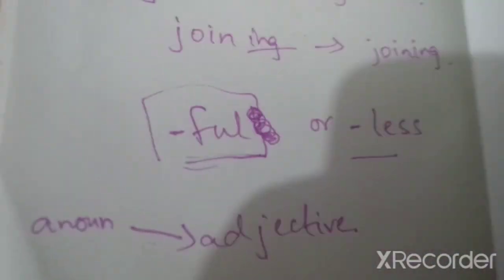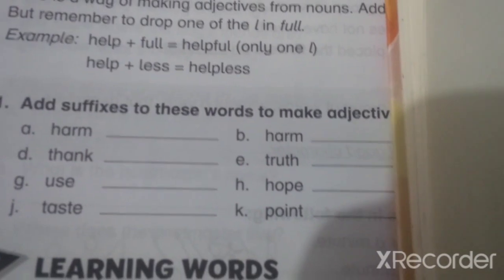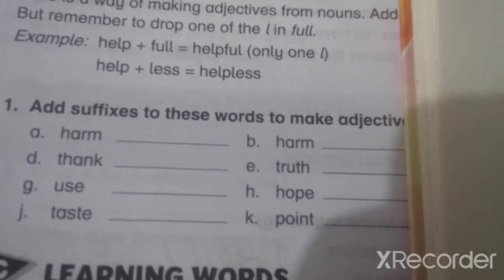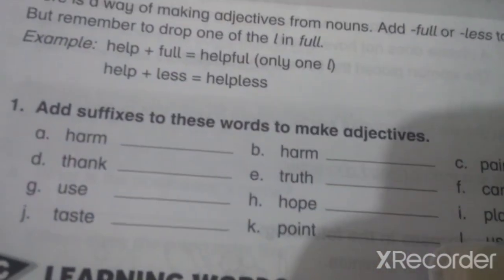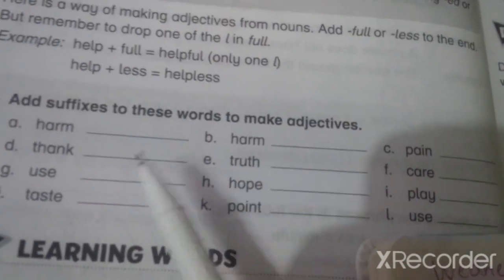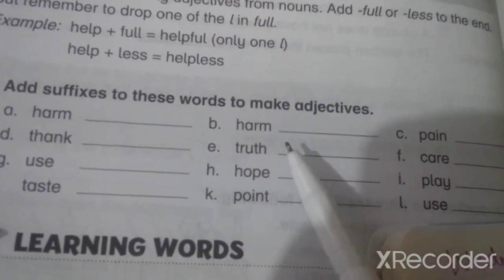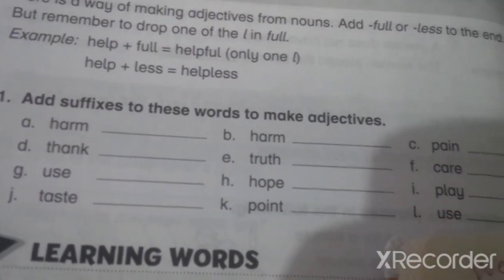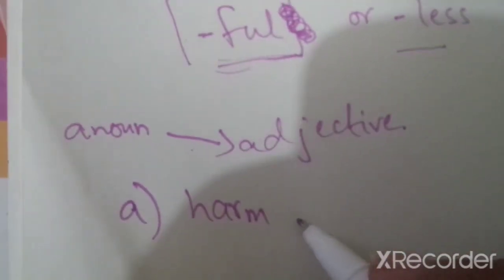For example, let's look at part A. Part A is harm. Now we can use both of these suffixes to make adjectives, and we can make two adjectives out of them. But as we are given the same word two times, we will only use one suffix in one blank. So in A part, I will use full.